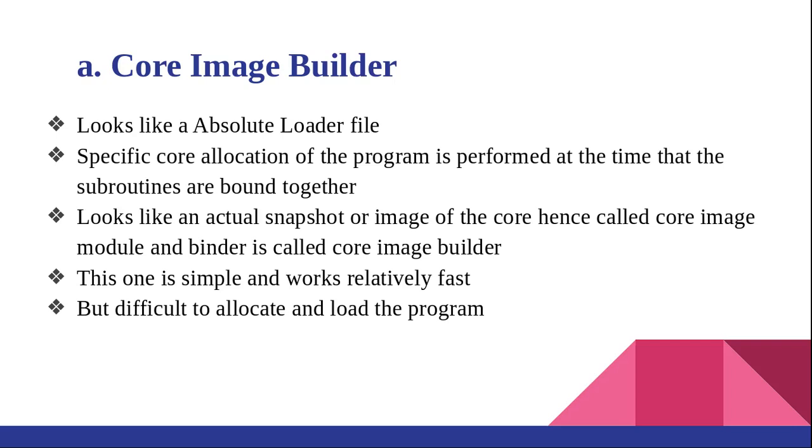The load module, or the output of this binder, is ready to be loaded in the memory. So what is the format of data in the core memory? In the same way we are storing in the load module, the output of the binder. That's why this load module looks like our core section.